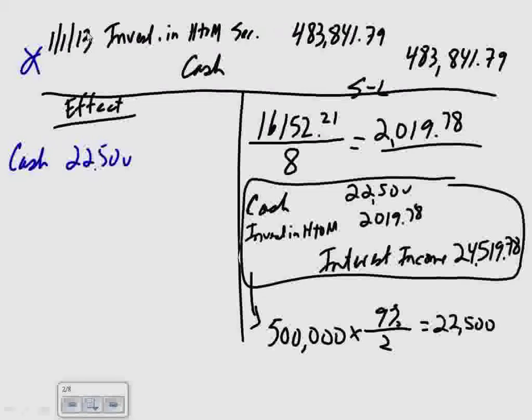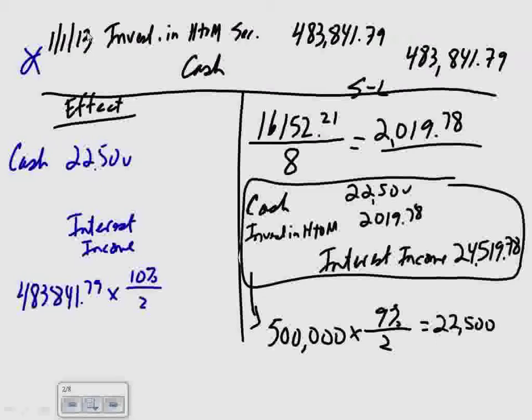What's going to change, though, is that we're going to figure out interest income, and that is what's the driver of the journal entry. Remember, under the effective interest method, interest income is the carrying value, the initial carrying value, 483,841.79, multiplied by the effective interest rate. The effective interest rate on this was 10%, but it's semi-annual, so I'm going to divide it by 2.